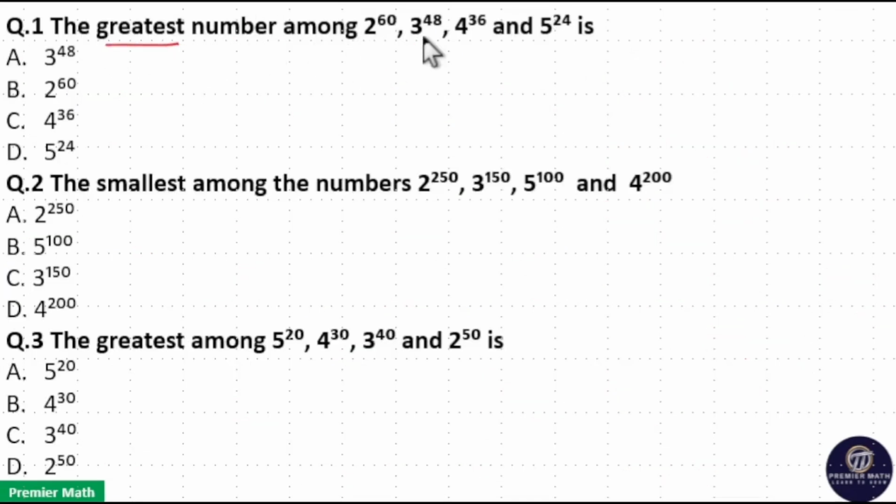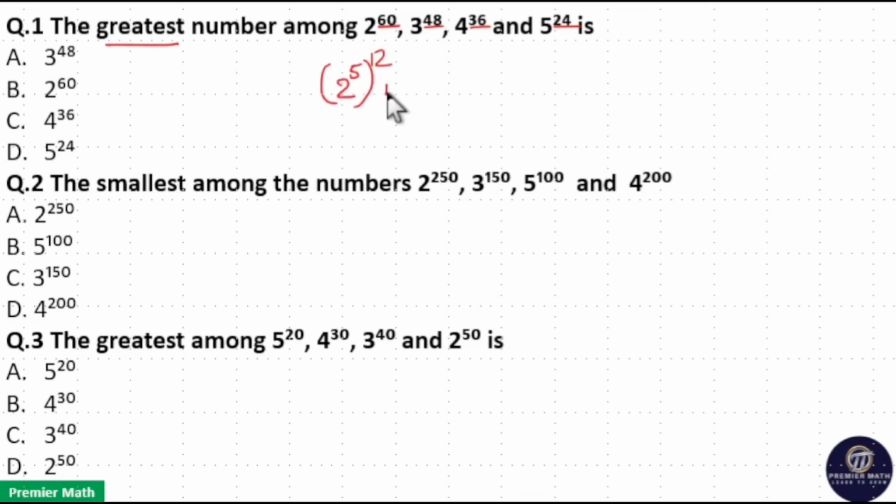The greatest number among the following numbers is. Here powers are 60, 48, 36 and 24. Now take the common factor among all these powers, which is 12. Now write all these numbers in terms of power 12. That is 12 into 5 is 60. Now 2 raised to 60 can be written as 2 raised to 5, the whole raised to 12.